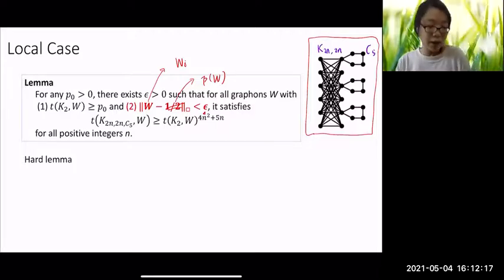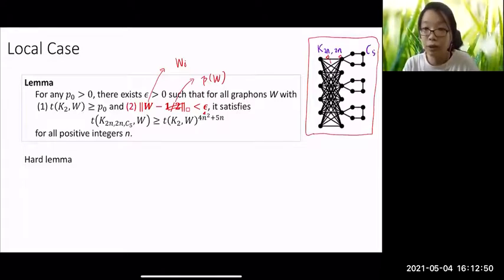So actually, this is a hard lemma, although it sounds like the same statement as the previous characterization of local Sidorenko graphs. The difference is that in the previous statement, we allow the epsilon to depend on the specific graph H. So in fact, in the previous theorem, our epsilon will drop exponentially when the size of the graph grows. But here, when n grows, we don't want the epsilon to drop.